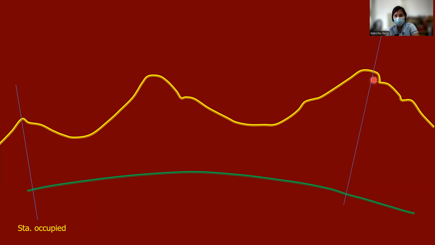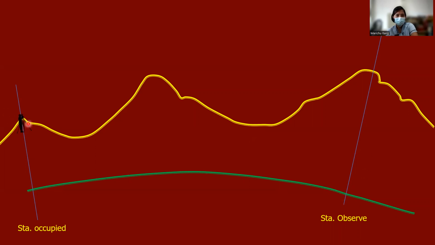So this line here in blue is where the gravity lies. Okay, that is your plumb line. So when it reaches here, it will be tangent or perpendicular to our sea level or our geoid, or the true shape of the Earth, this green one. Okay? Let's say this is the point we occupy, and this is the one we should observe.